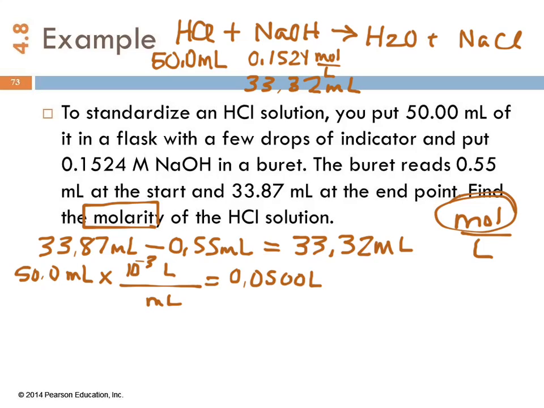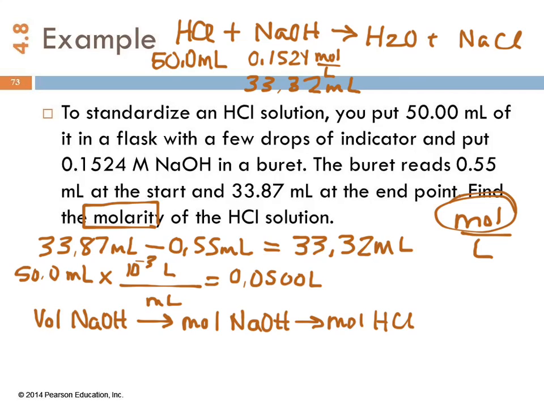So what we're doing here is we've got a volume of sodium hydroxide that we can convert to moles of sodium hydroxide that we can convert to moles of HCl. Now normally we continue on, right?